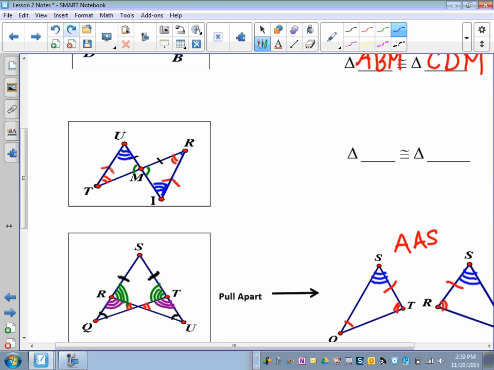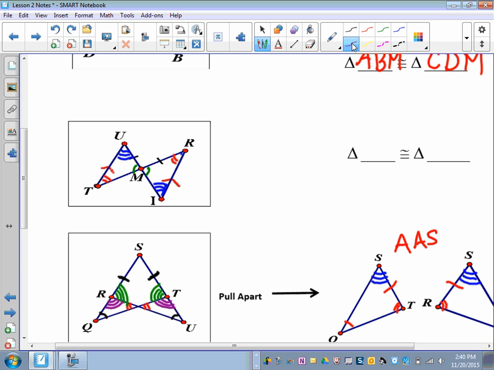Let's be careful though. What do we think we have? You could go with angle, angle, side, or you could go with angle, side, angle, right? But be careful. If we try using either method, let's say we do angle, angle, side, and I'm going to use this to help us out.